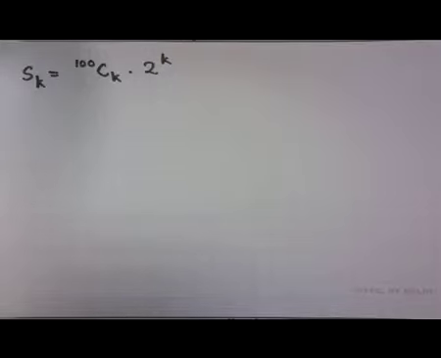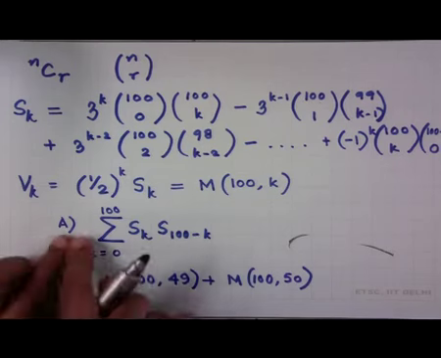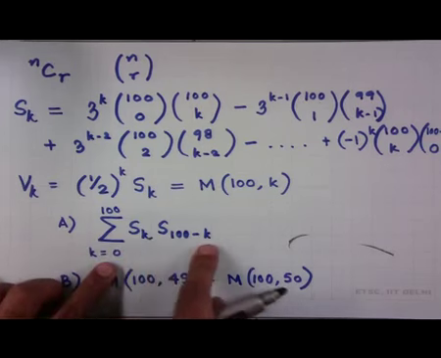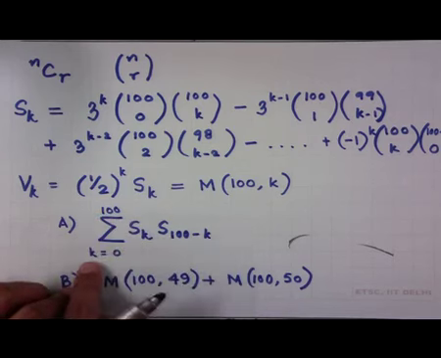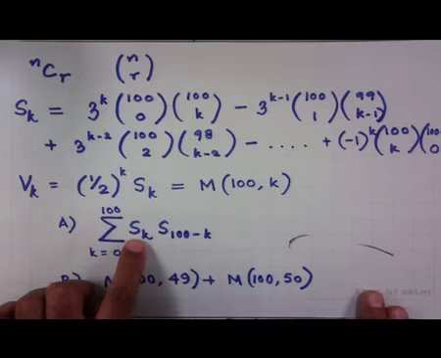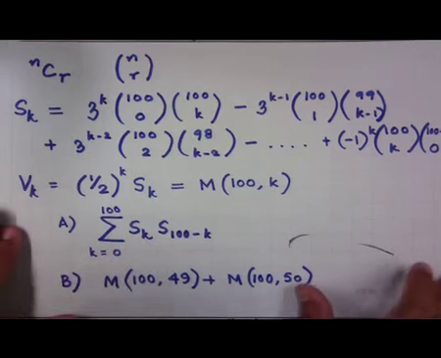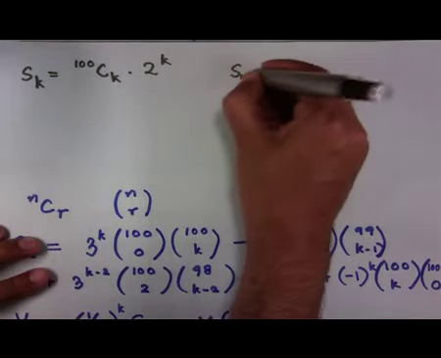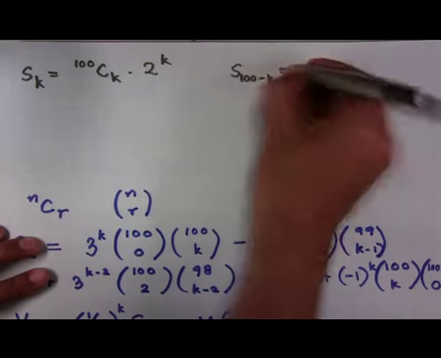Now, let us go back to our question. Our question was compute sigma of S k times S 100 minus k from k equal to 0 to 100, and all that I have done so far is I have figured out what is S k. So, S k is this, and S 100 minus k, what is that going to be equal to?